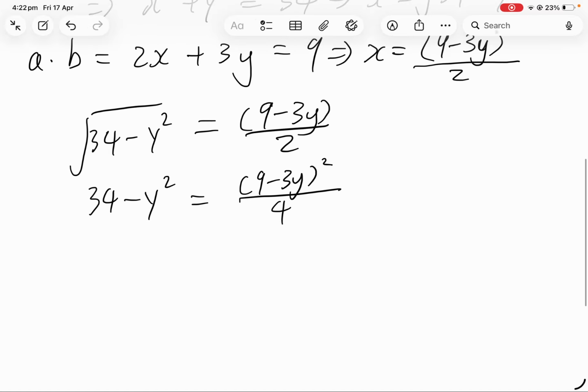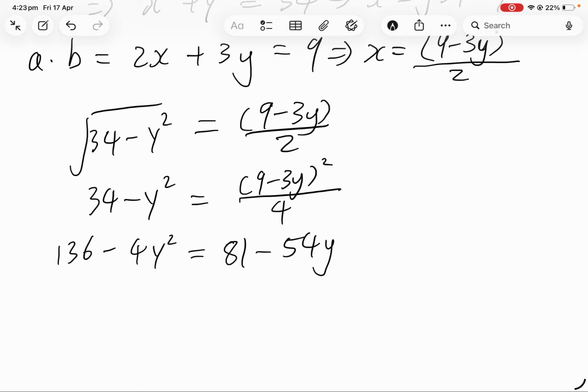So it becomes 136 take 4y squared. And then we can expand the square, so it becomes 81 take 27, then 54y plus 9y squared.